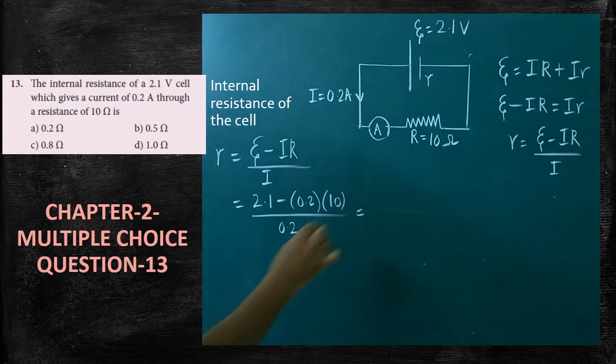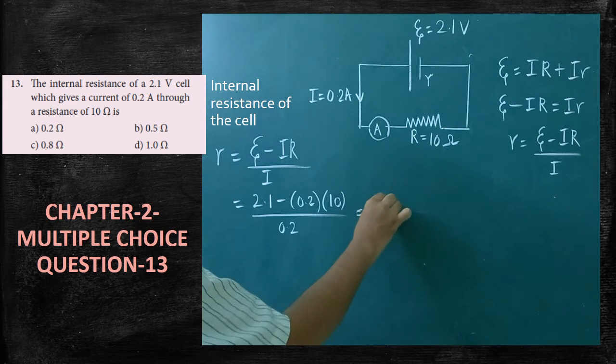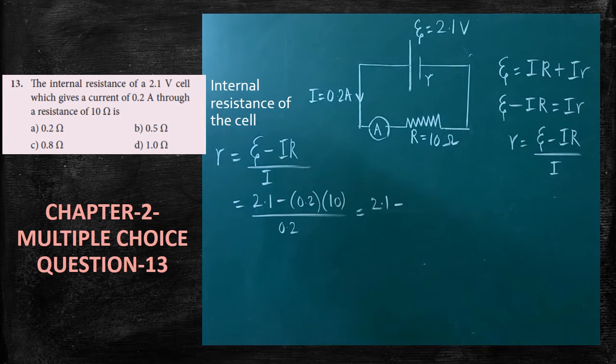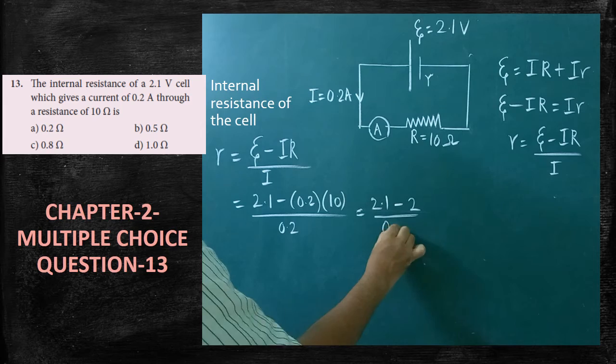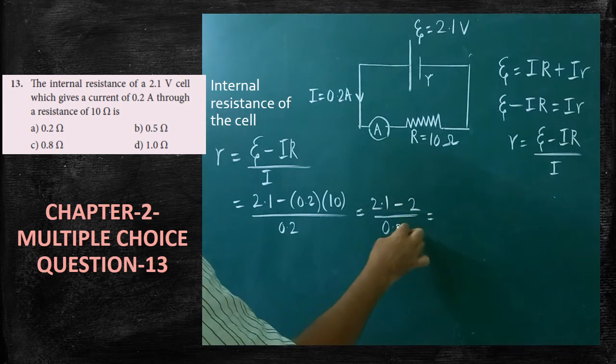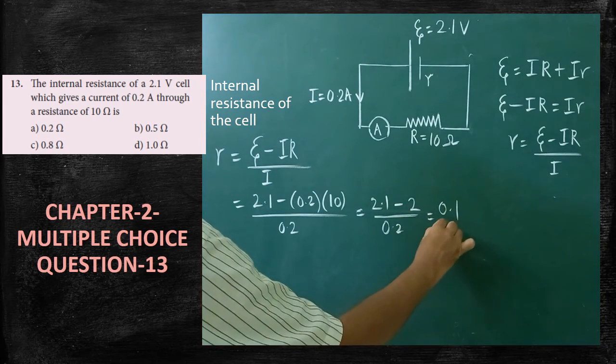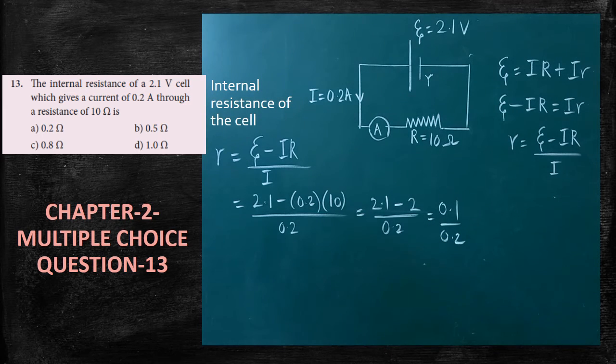After simplification, you will get 2.1 minus 0.2 into 10. That one becomes 2. Are you clear? Divided by 0.2. This one becomes 0.1 divided by 0.2. 0.1 divided by 0.2 is equal to how much? 0.5.